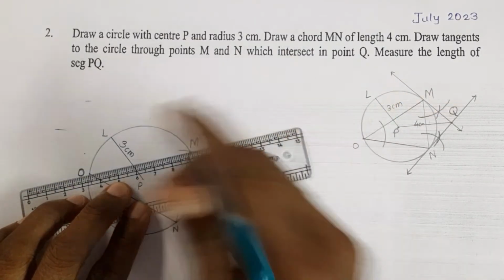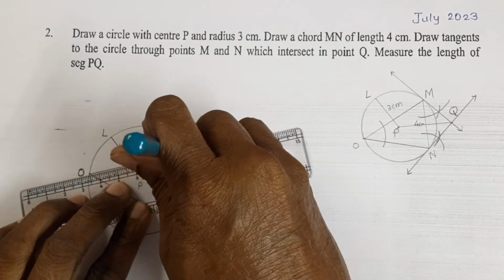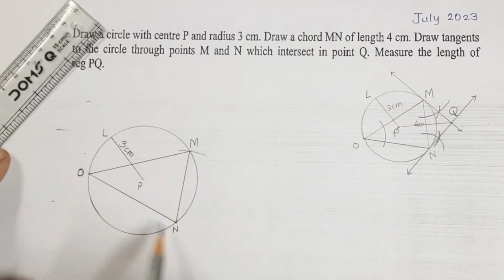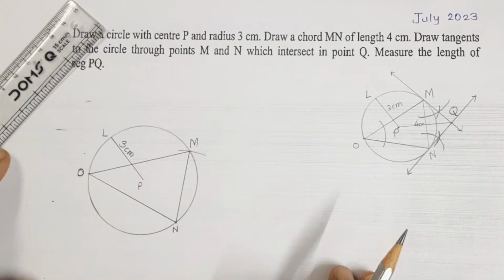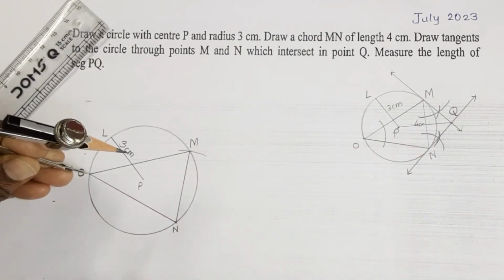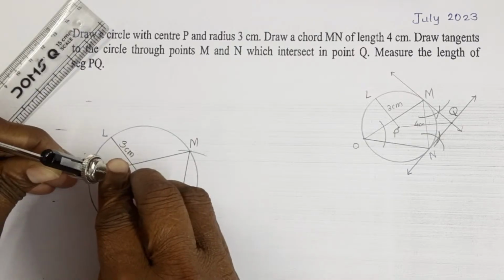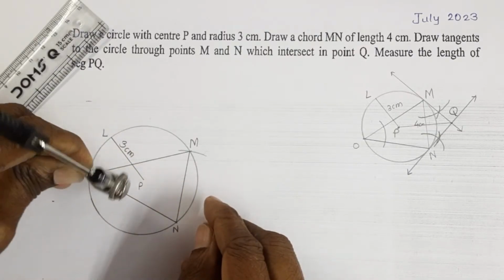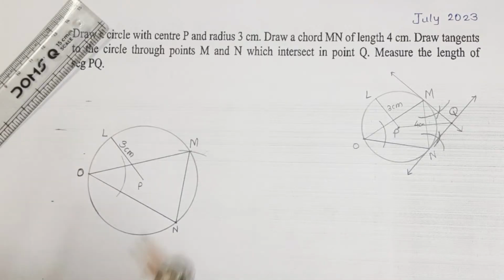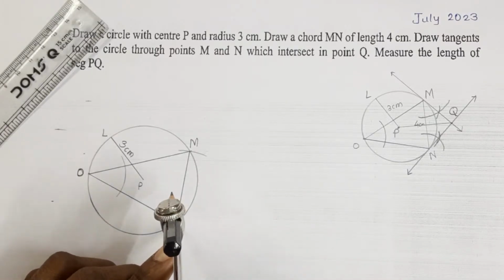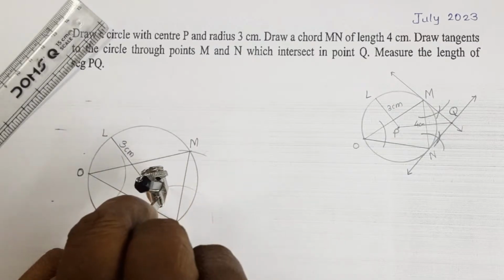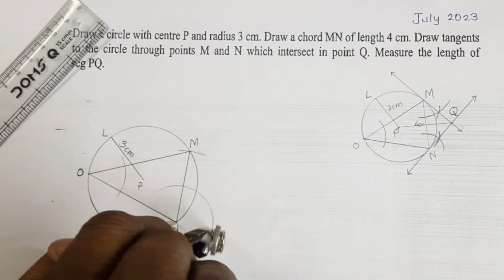Now here, students, there is a formation of the triangle OMN. Then now we are making the arc from O this way, as well as making the arc from N this way, intersecting the chord.